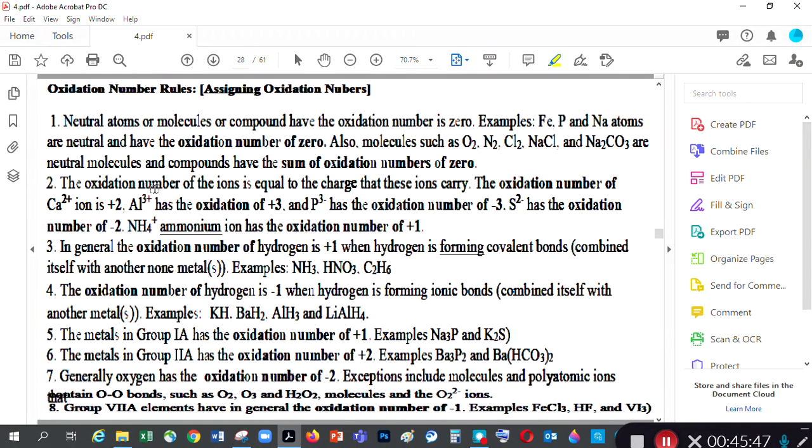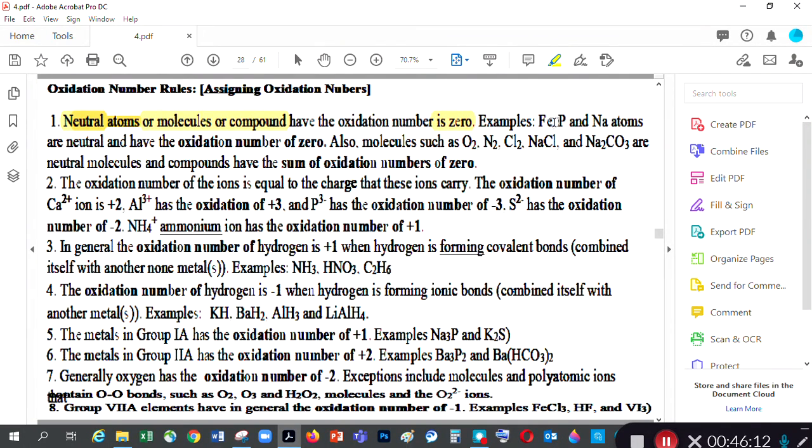So you make some worksheets, you watch some videos. So the oxidation number rules: all neutral atoms or molecules or compounds have oxidation number of 0.